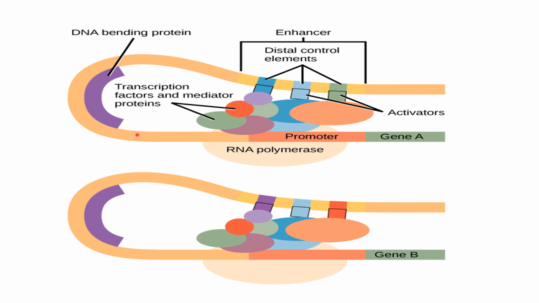DNA bending proteins bend the loop of DNA and are responsible for the interaction of the specific transcriptional factors which bind on the enhancer with the general transcription factors through mediators. Here, different mediators, a different set of specific transcription factors and general transcription factors are required for the transcription of gene B.